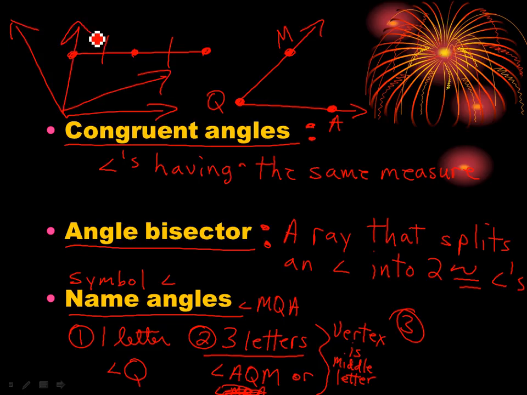Instead of using three letters because it takes up more space and more time, they put a number right there in the vertex. So the other way we could do it is just by using a number. This angle then would be called angle 4, with the angle symbol and the 4. And it's just an easy way to do it.